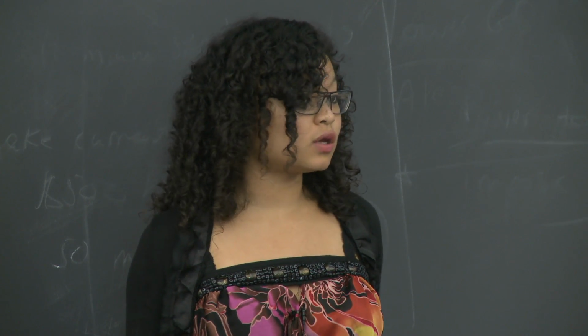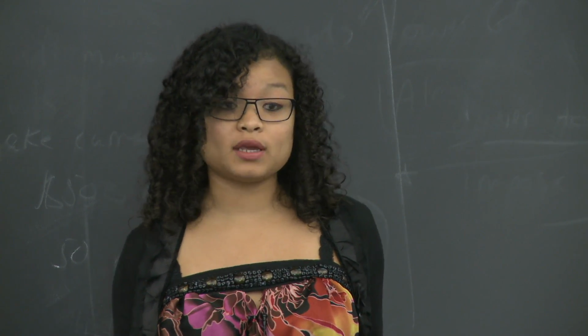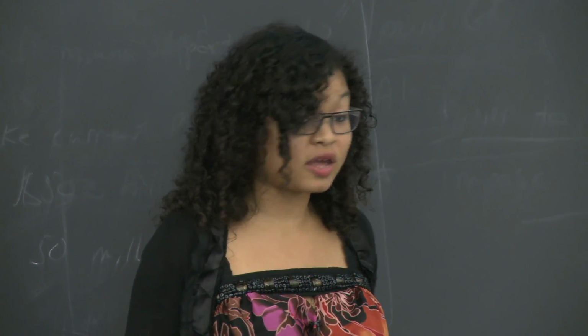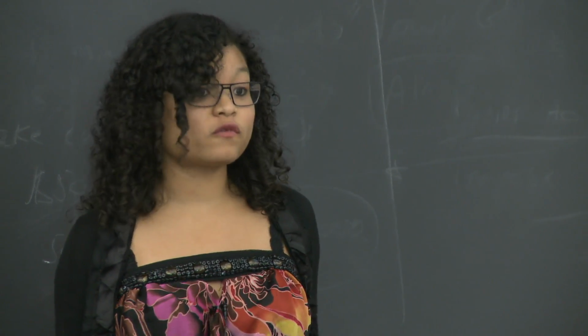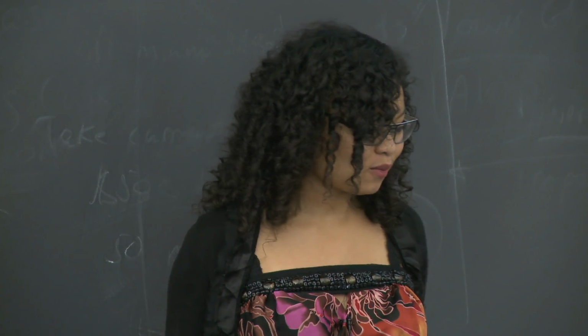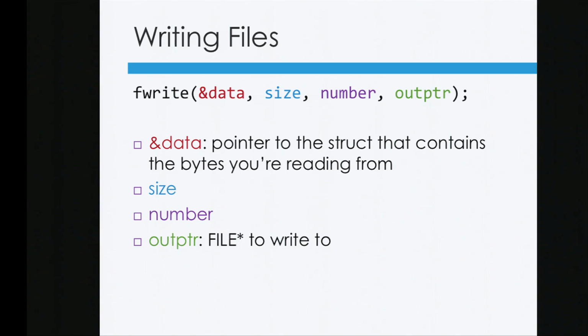You can pull the definitions up in the manual by typing man and then fwrite, for instance, in the terminal, or you can refer back to this slide and make sure that you're using the right one. Again, for fwrite, the file that you want to write into is going to be the last argument, and that's a pointer to that file.